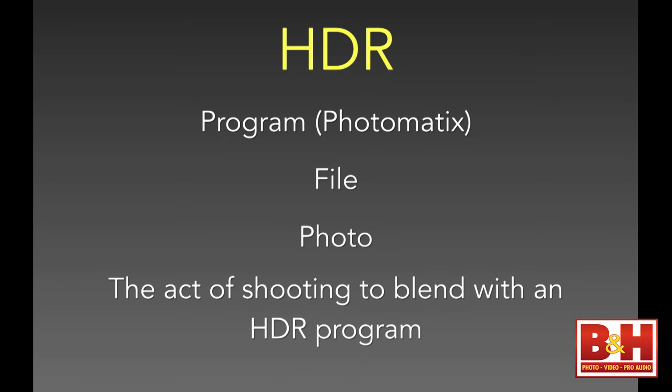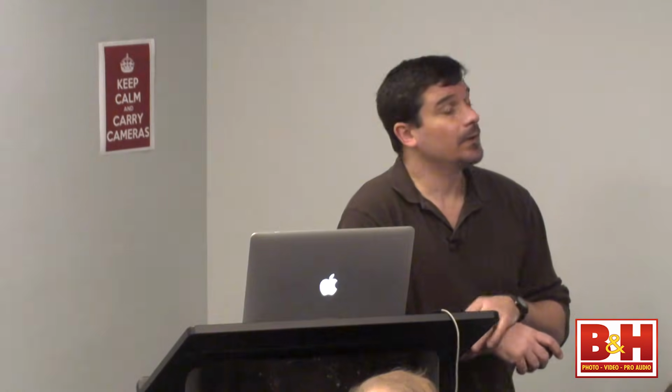It can be a photo. It could be a print on the wall. Somebody will say, oh, that's an HDR print. Not technically, but, or people will even say, I'm going to shoot some HDR. And so it's the act of shooting is called HDR. But truly, HDR stands for high dynamic range, and it's either a program or it's a file. Okay? So that's what HDR truly means.